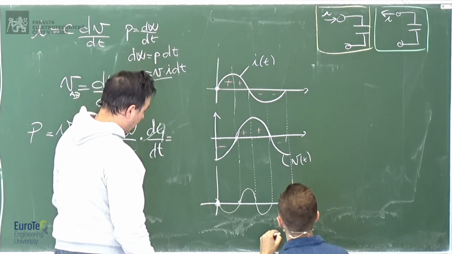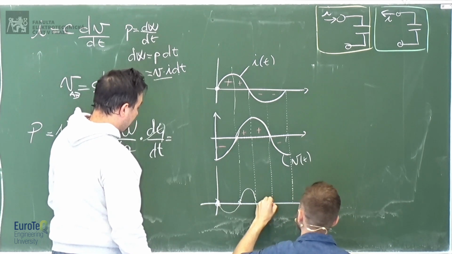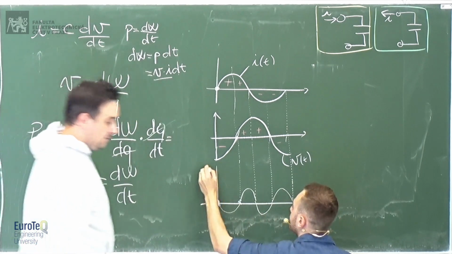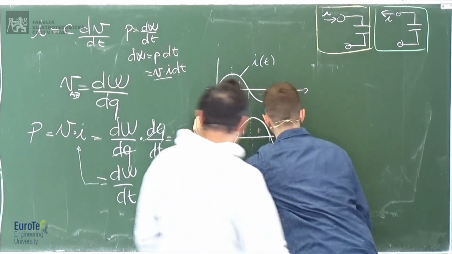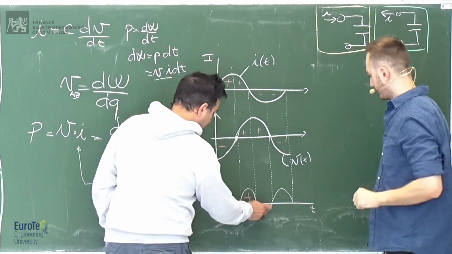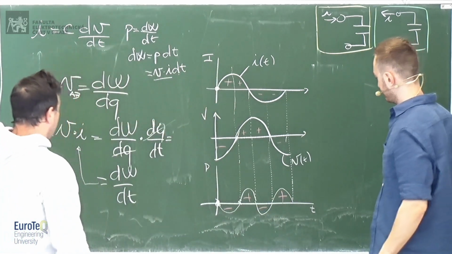Negative times negative is positive. Sorry. So this is P, this is V, this is I. So this is negative, positive, negative, sorry, positive.